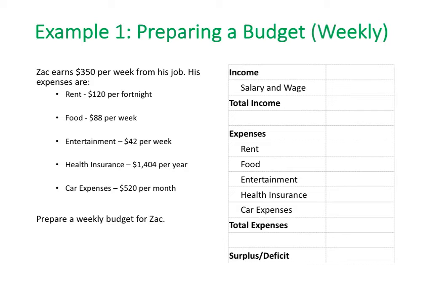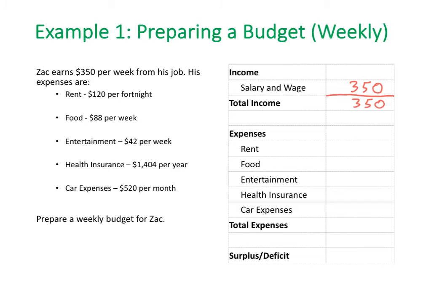So if Zach is earning enough to have PAYG withholding taken out from his weekly wage, we need to calculate the net amount. Because $350 is under the threshold, no PAYG is taken out, so we can proceed and include the $350, and then his total income will add up to $350 per week.